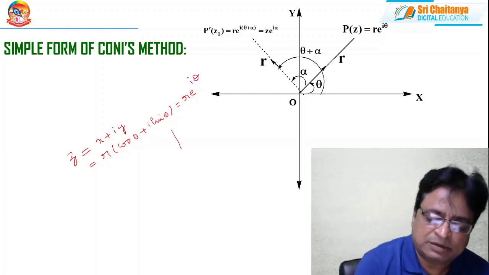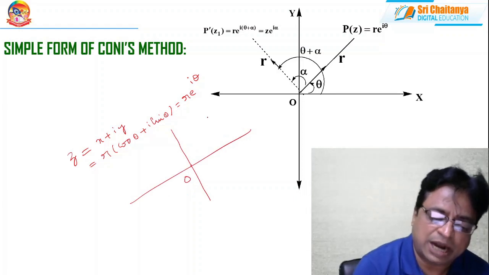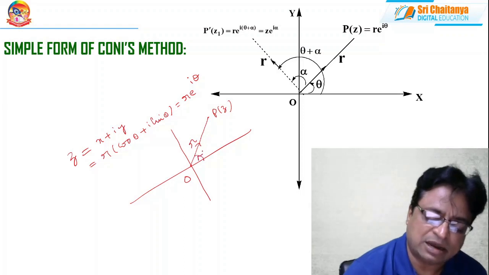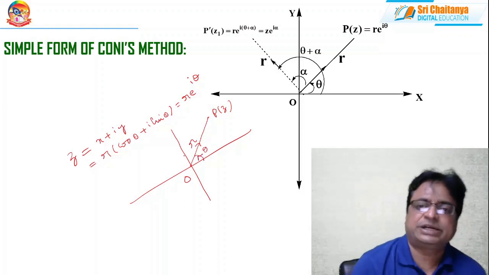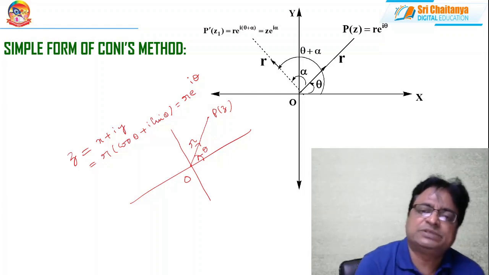Say, for example, this is my origin, and I have represented this with my z, and join OP, and the magnitude is r, and this is theta in the anti-clockwise direction. This point I have already mentioned in our previous video.